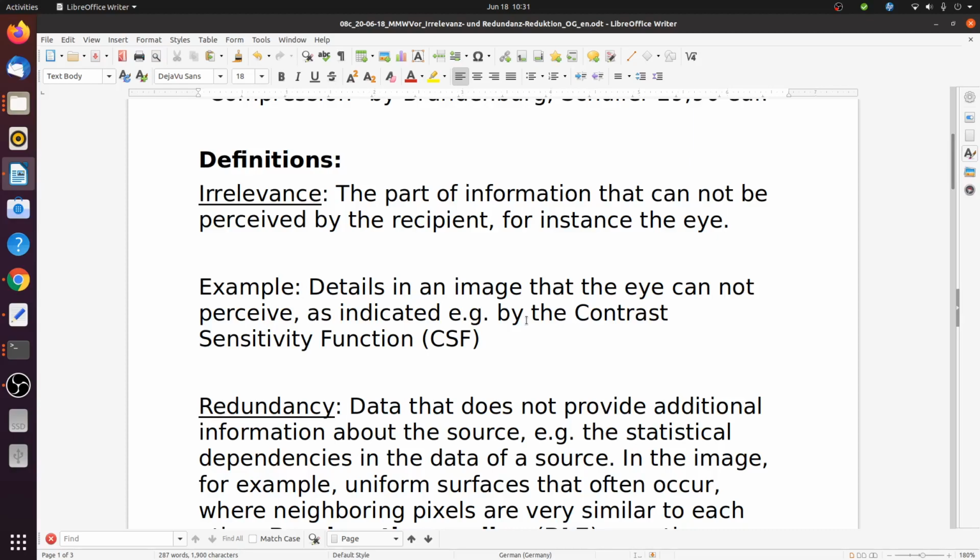So we can use that for compression. We can represent spatial frequencies for which the eye is more sensitive with more bits than those for which the eye is less sensitive. But for this, of course, we need to be able to distinguish different spatial frequencies, and this is what the DCT does for us, right? The DCT decomposes the image into different spatial frequencies.